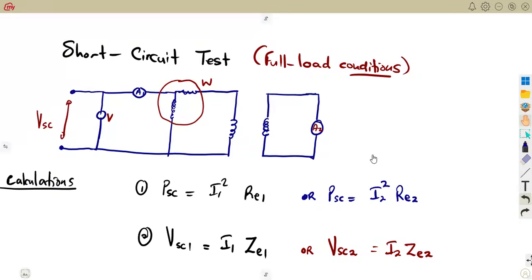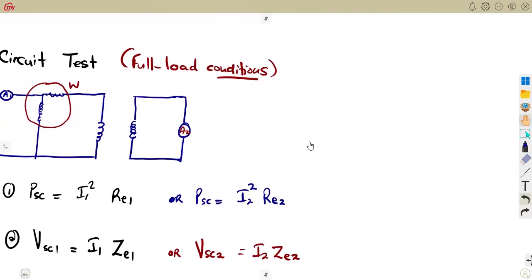And here we are also going to have additional calculations. As with our transformer during the short circuit test, the low voltage winding is normally short-circuited.